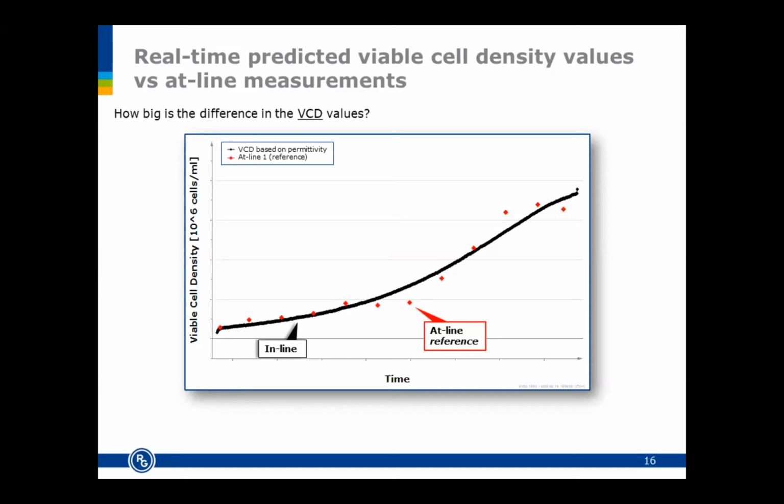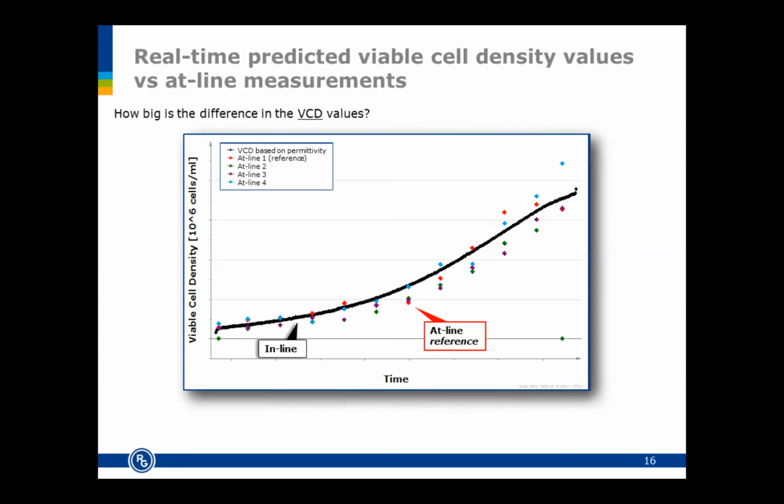One thing is very interesting here. If I put all the at-line results from the different kinds of at-line equipment on the graph, then the real-time predicted values, such as the black line, run in the middle of the at-line measurements. However, the model was built using the data of only one at-line equipment, the red one.